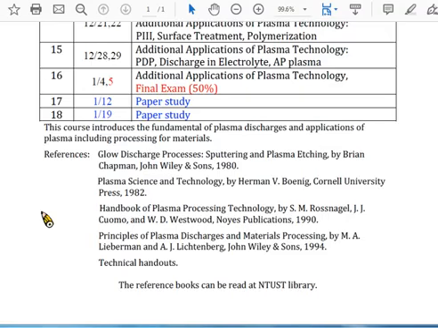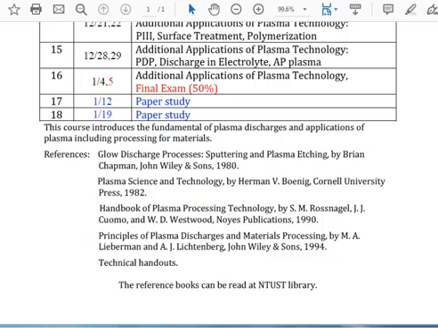The class materials come from several reference books. These books are reserved and can be read at the library. The first book is Glow Discharge Processes, and this book focuses on sputtering and plasma etching technology. The second reference book is Plasma Science and Technology, and this book focuses on the plasma enhanced chemical vapor deposition technique.